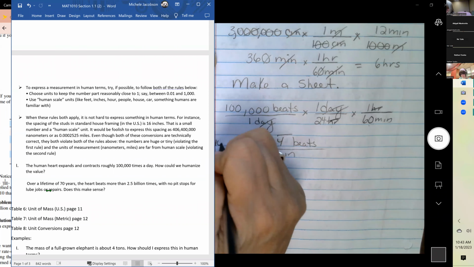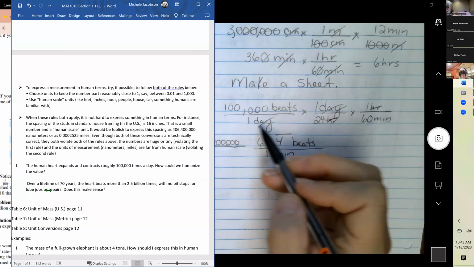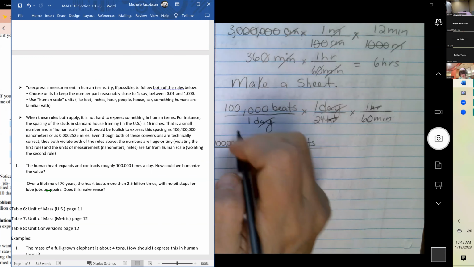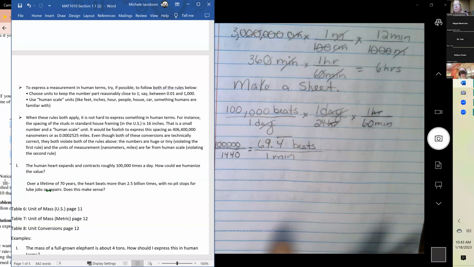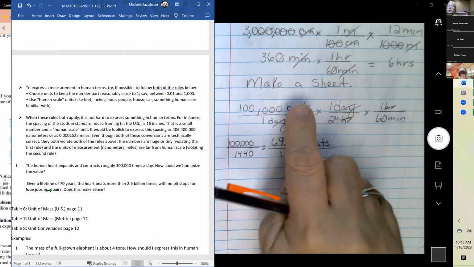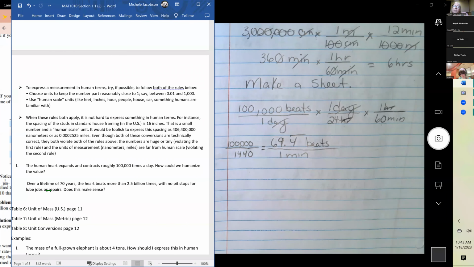And we get the 100,000 over 1 times 24 times 60. So you could multiply across your fractions first, the top and then the bottom, and then divide them. Oh, okay. I think that would be easier for me probably.